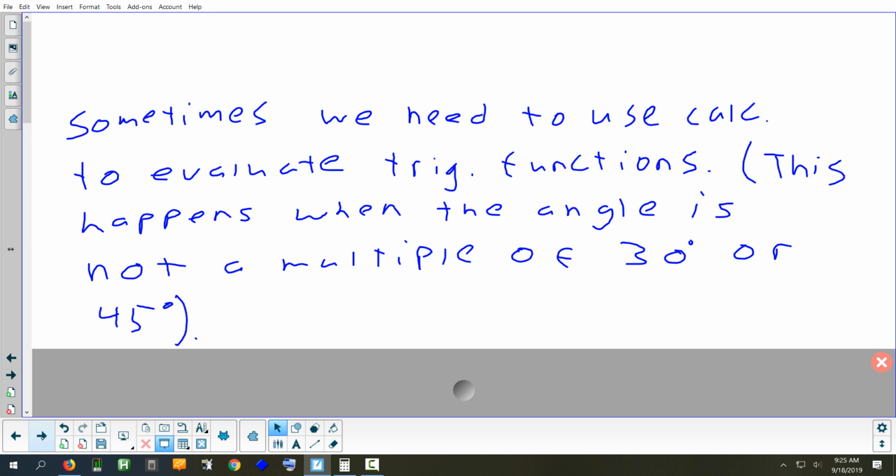Like if I said, what's the sine of 12? You can't really draw a triangle and label the sides because we don't know that. Now, technically, if you know how to do 30s and 45s, you can do 15s. So you can do 15, 30, 45, 60, 75. But doing the 15s involves something that we don't learn in this class. So we're going to look at how to do anything that's not a multiple of 30 or 45 on the calculator.